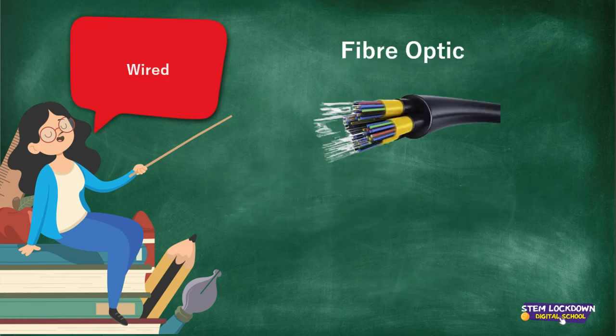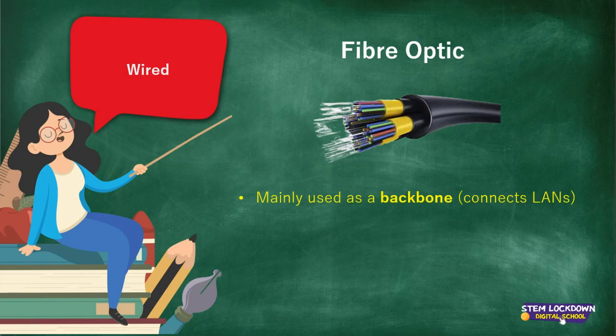Right. So let's talk a little bit more about this fiber optic cable, right? It is mainly used as a backbone to connect local area networks, right? We need to appreciate that the fiber optic cable transfers data at very high speeds, right?